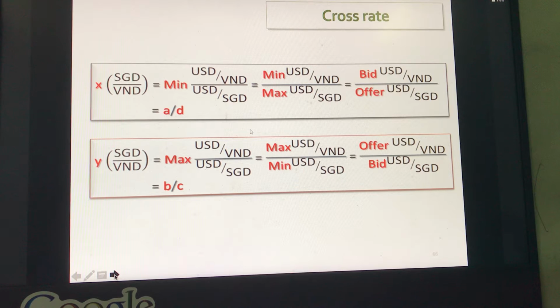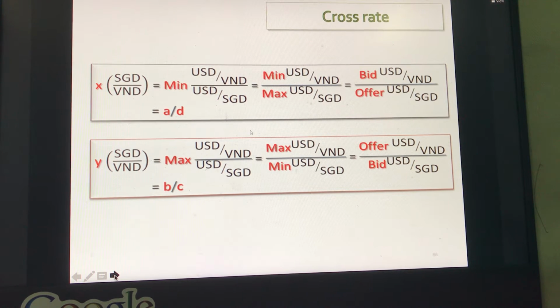Here, we can derive the exchange rate of Singapore dollar against VND by taking USD against VND divided by USD against Singapore dollar.